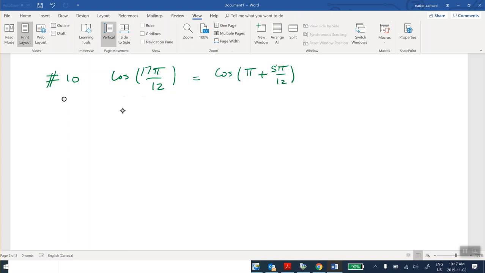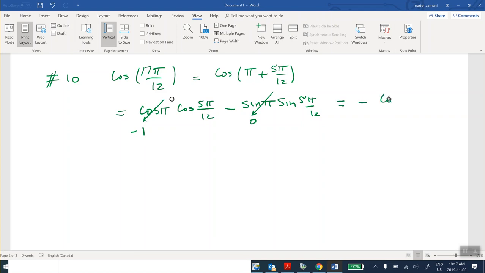And this is going to be cosine of pi, cosine of 5 pi over 12, and then minus sine pi, sine 5 pi over 12. But remember, this is 0 and this is minus 1. So this is minus cosine of 5 pi over 12.